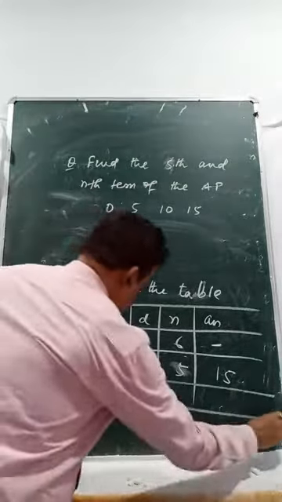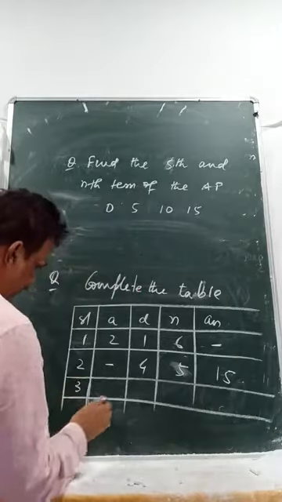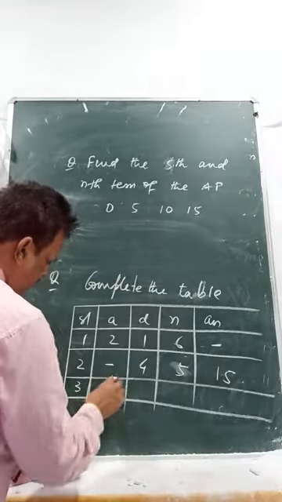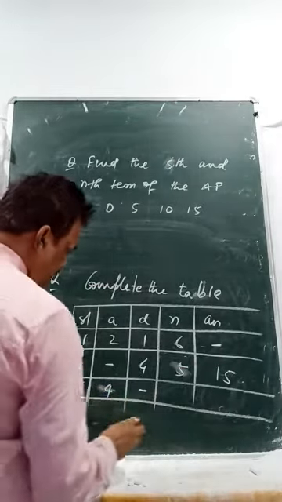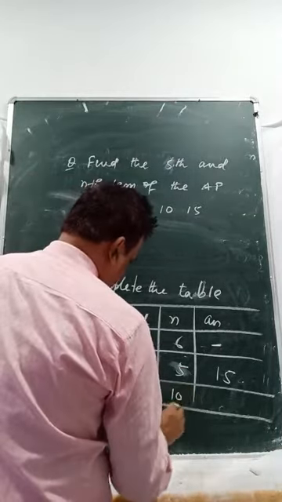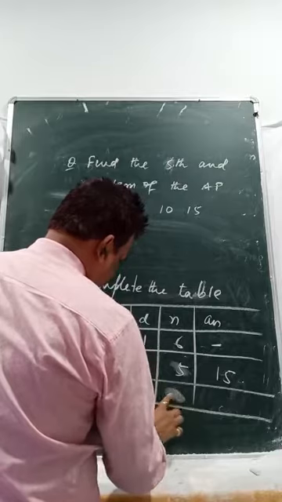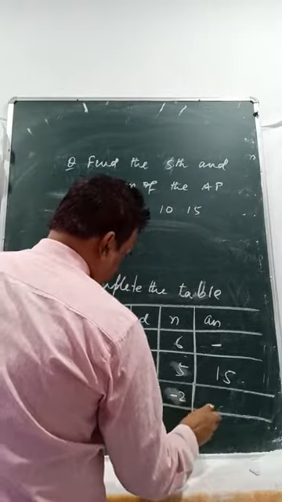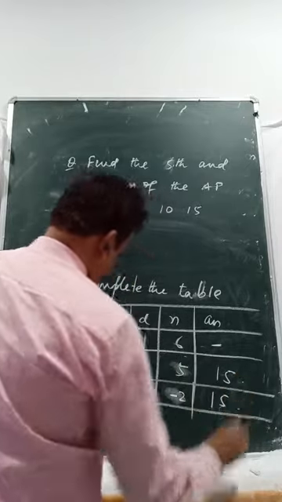Or you may have a question 3. This is not given, D is given 4, this is not given, n is given 10, this is given minus 2, this is given 15. Or you can take one more question, 4th, with 0, 1, this is suppose 15 or 14. Find this.